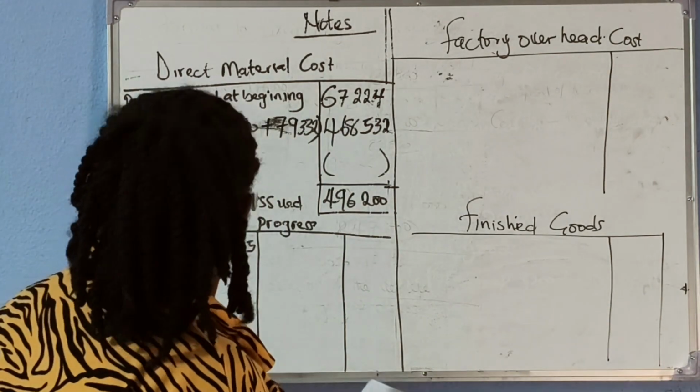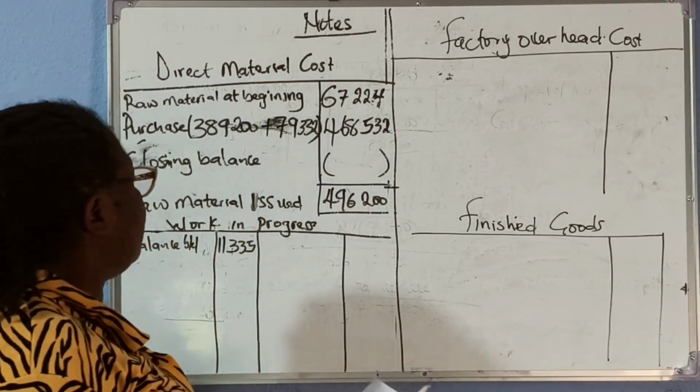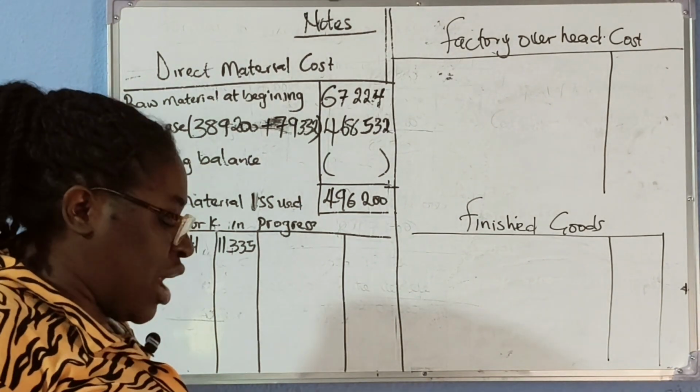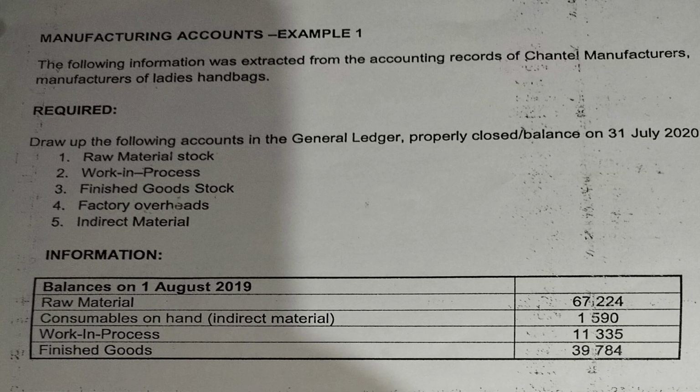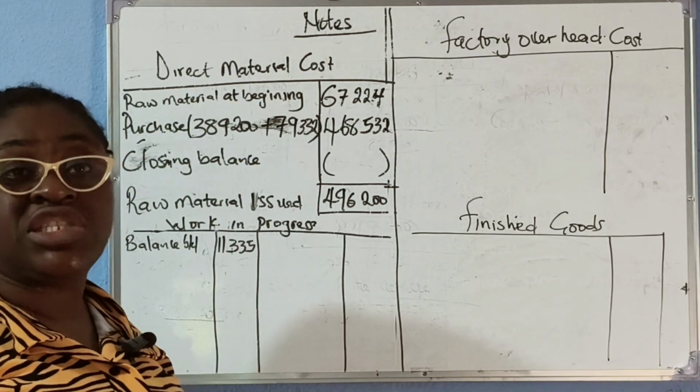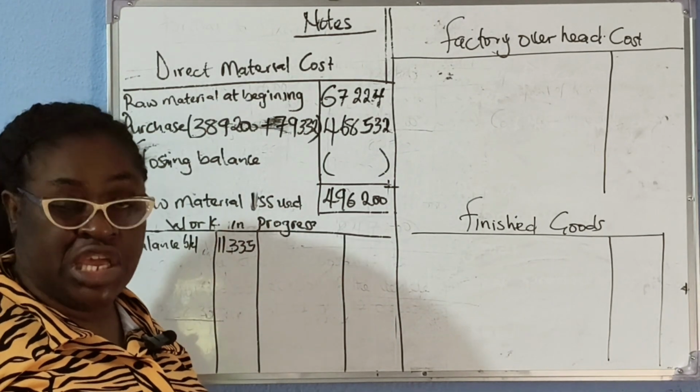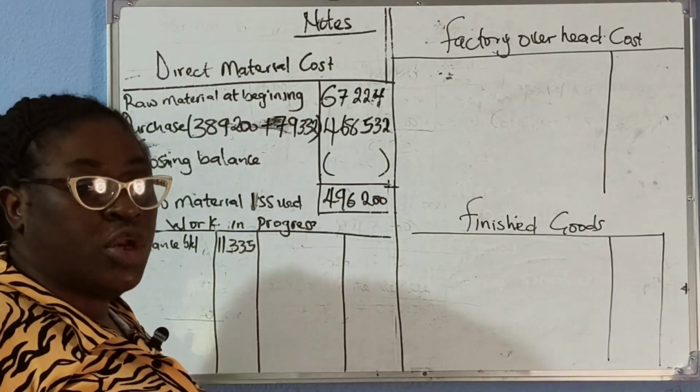Let's start with the direct material cost. We have an opening balance of 67,224. Then to the opening balance, we add our purchases. We have two types of purchases: purchases made in cash and the ones made on credit.